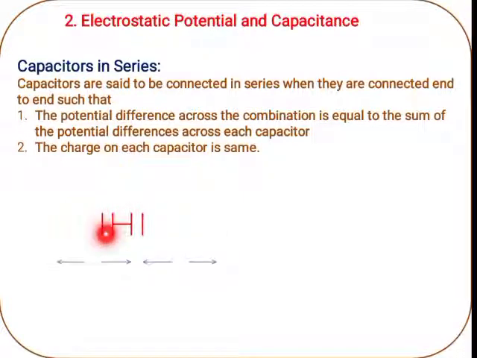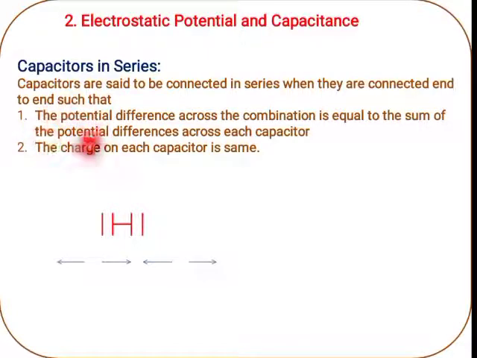This is one capacitor, this is the symbol of the capacitor, and this is another capacitor. Between these two there is a connection. So one end of the capacitor is connected to one end of the other capacitor. This is called a series combination.